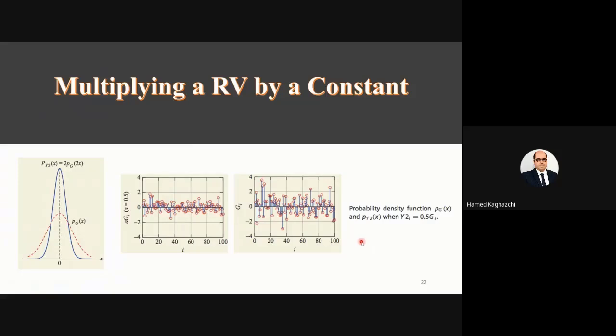Again, you can see that if Gi is changed like that, when I multiply Gi with A, for example, if A is 0.5, you can see how the amplitudes of the data or random variables change.